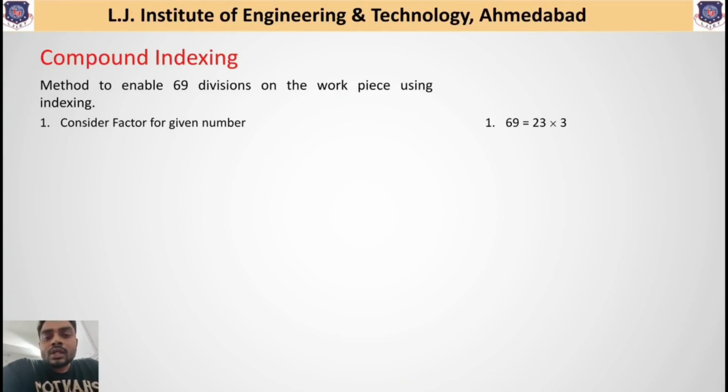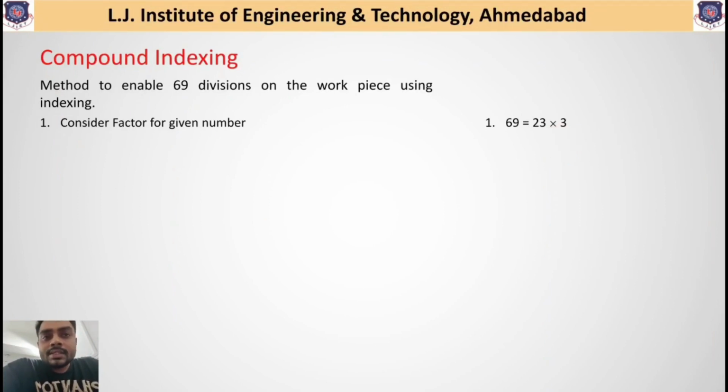We must know how many holes are available on that plate. In the Brown and Sharpe indexing plate, are 23 or 3 holes available? If we recall, on plate number 2, 23 holes are available. But are 3 holes available? No, 3 holes are not available. So from these factors, consider the number which is available on the Brown and Sharpe indexing plate.